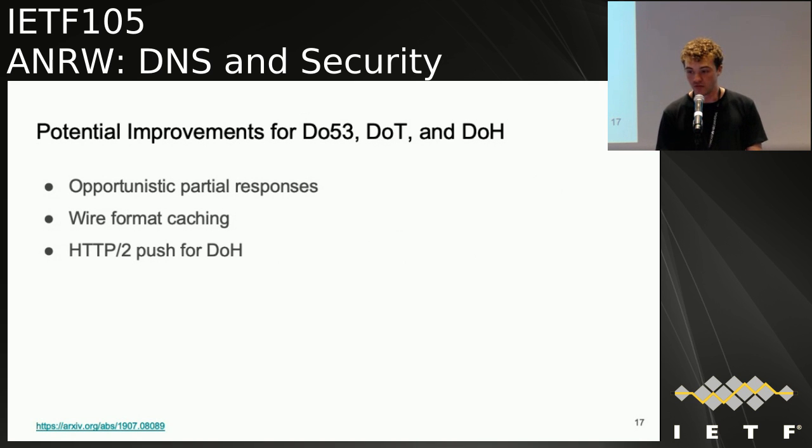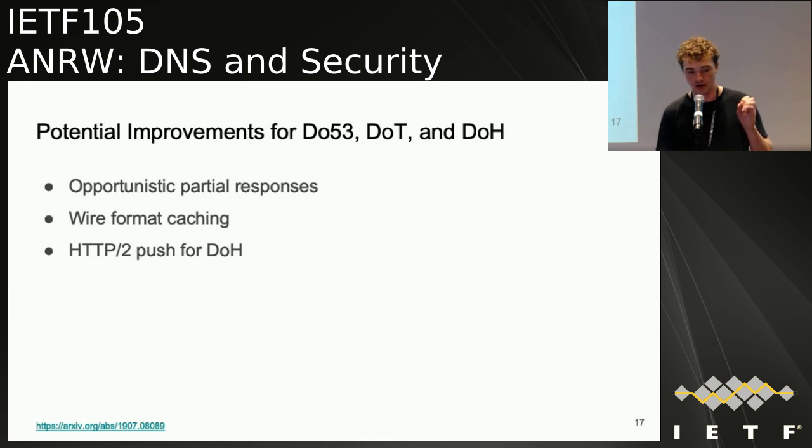Okay, so to conclude, we think there are several potential improvements for DO53, DOT, and DO. You could send what we believe are called opportunistic partial responses. So maybe you say to a recursor, here are all the different questions I want the answers for, and then the recursor, as it gets authoritative answers, will send them back to the client. We also believe wire format caching could help, as previously discussed.